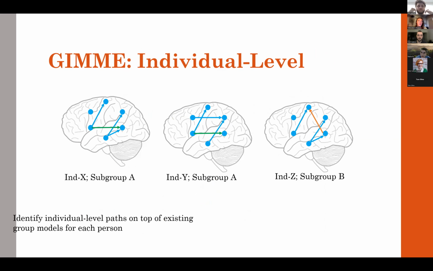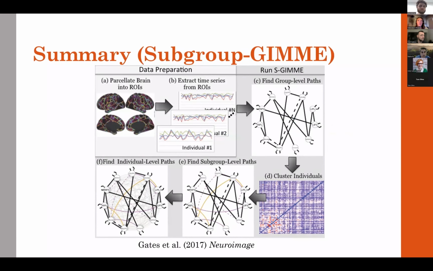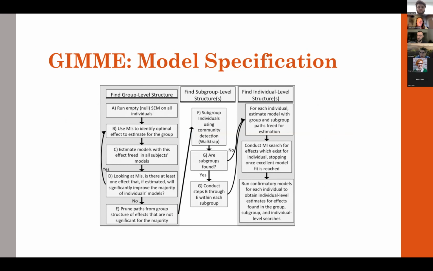And to Tom's question, GIMME is working on a lag of 1, so 1 time point. I think that's all that's been tested to this point. I don't think people have tested longer lag times than that. Is that what you're asking, Tom? Yep, that's exactly it. Probably something that should be looked at.